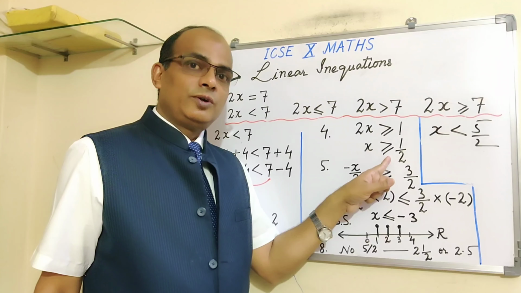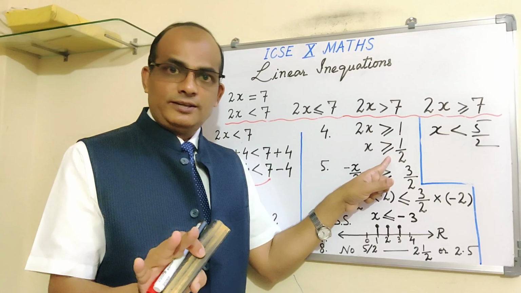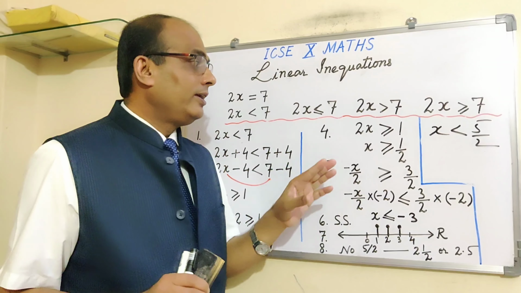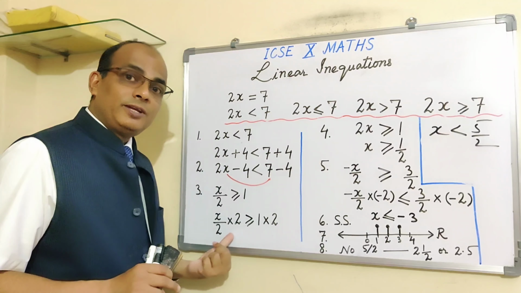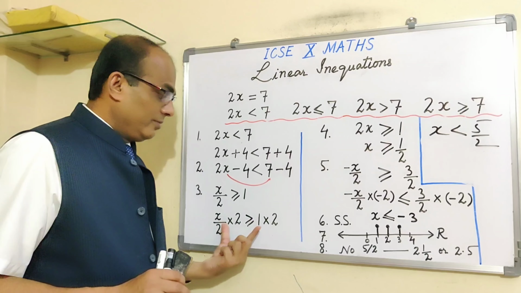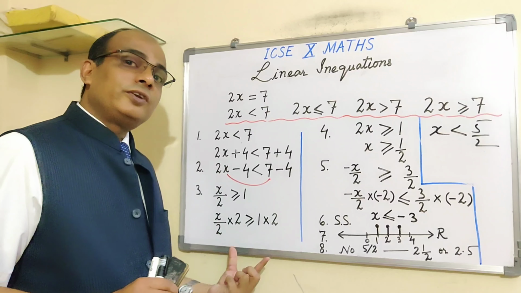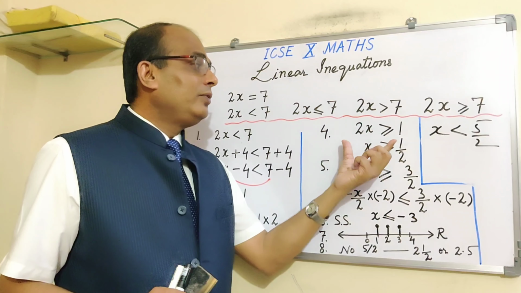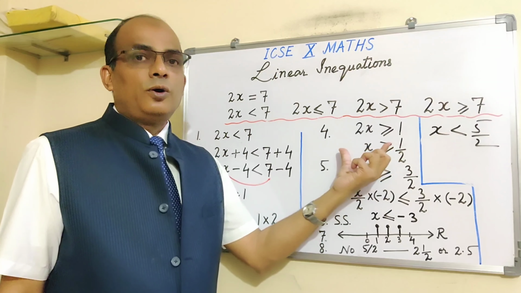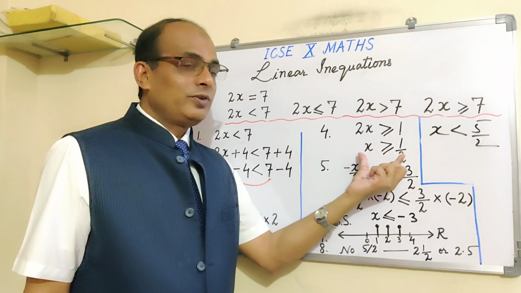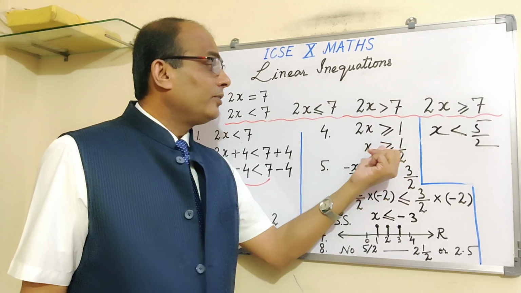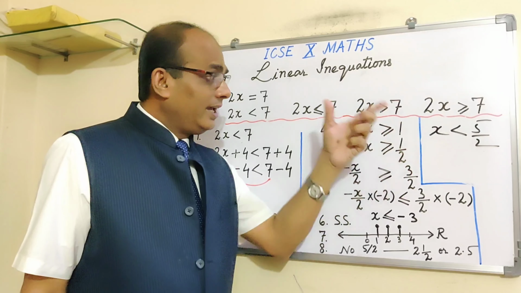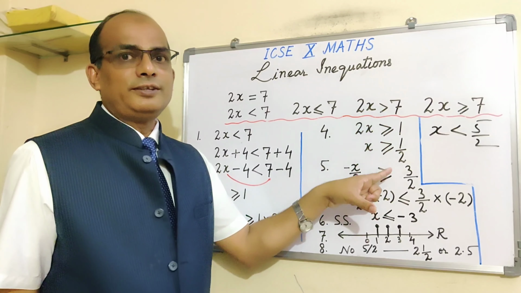That means the inequality doesn't change. So the rule is: as in multiplication, when you divide both sides of the inequation by the same positive number, again the inequality remains the same, it does not change.